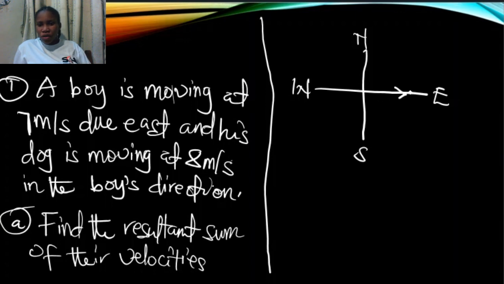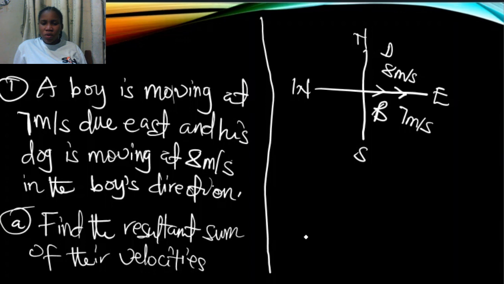So the boy is moving due east. So let's say the boy is B, 7 meters per second, and his dog is also moving due east, that's along his direction, 8 meters per second. So D, 8 meters per second.